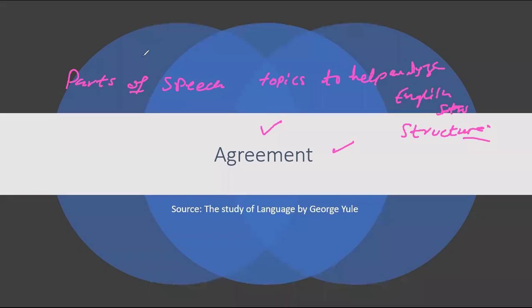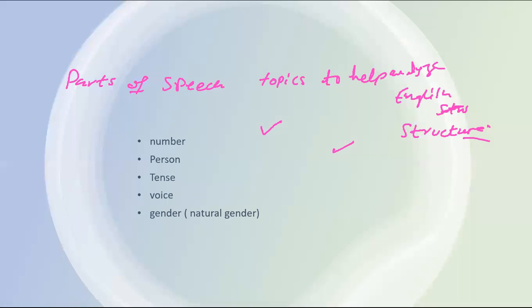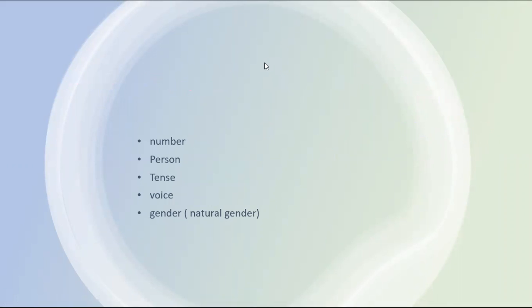Let me show you the next slide. Let me clear all of this. Okay, those concepts are number, person, tense, voice, gender. For example, if I write a sentence here, he goes to school.